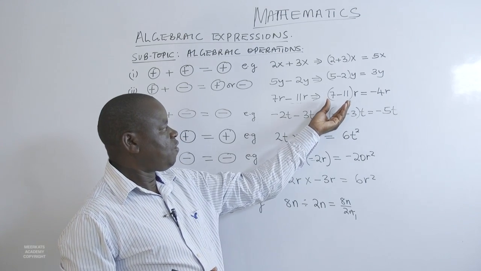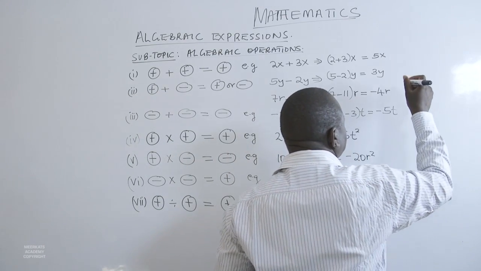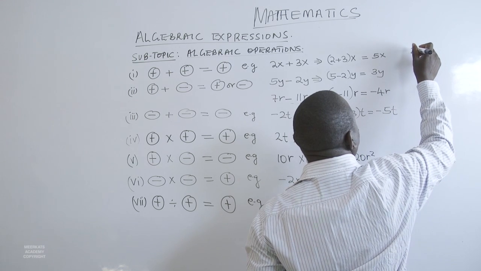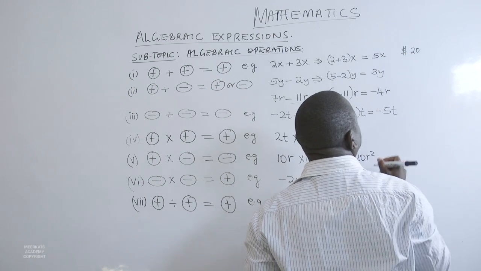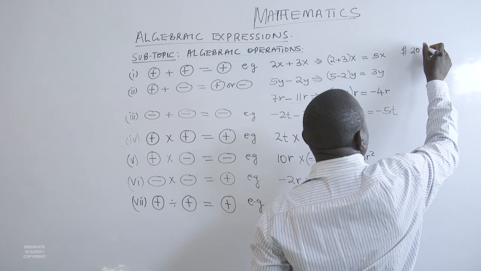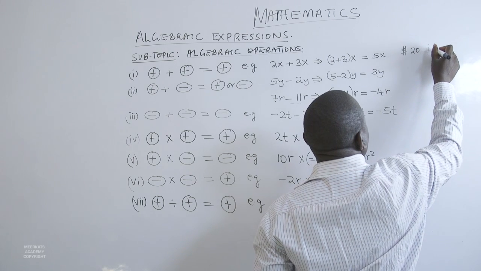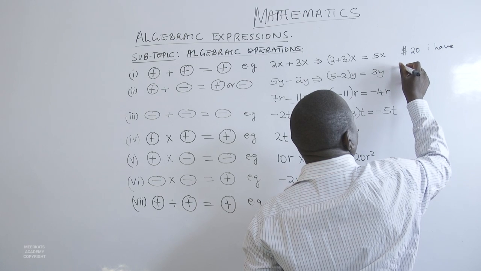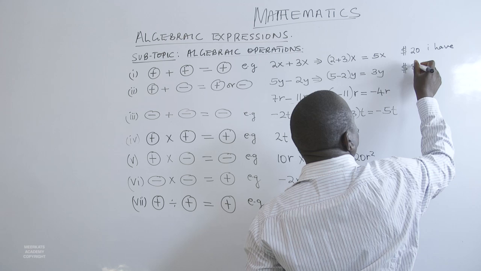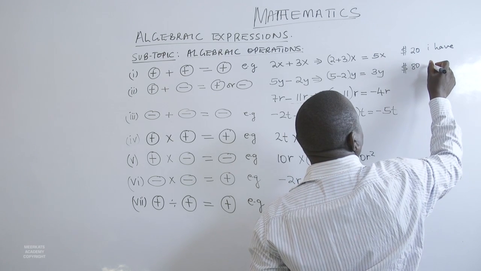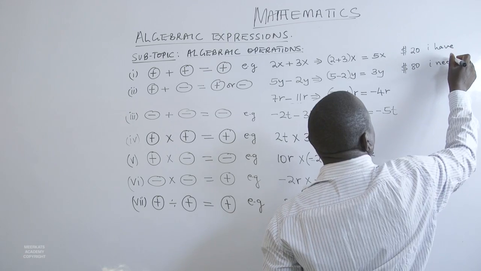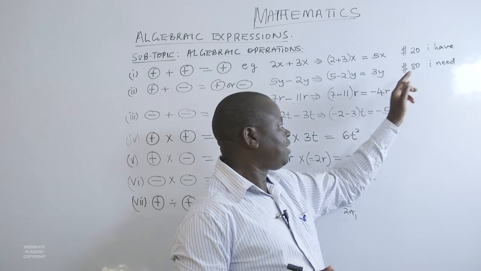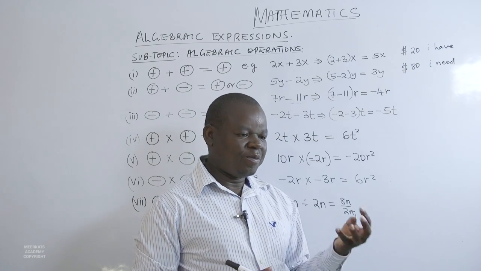So if I have, let's say, $20, and this is what I have, and I need $80. I have $20, but I need $80 to satisfy my want.